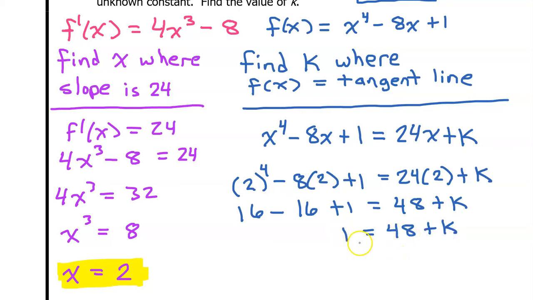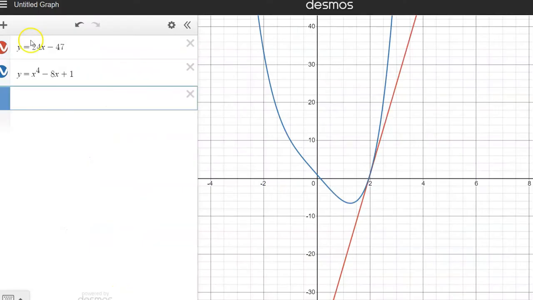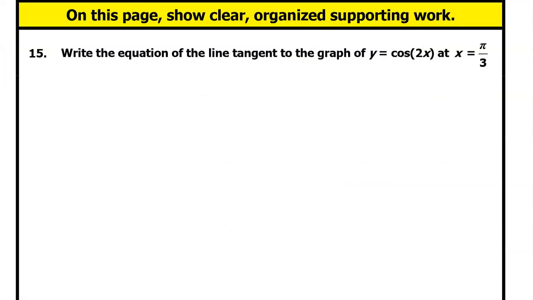Subtracting 48 from both sides, we get k is equal to negative 47. So that's it. That's the value of k we were looking for. Using the k value of negative 47 that we just found, you can see that the line is indeed tangent to the function at an x value of 2.